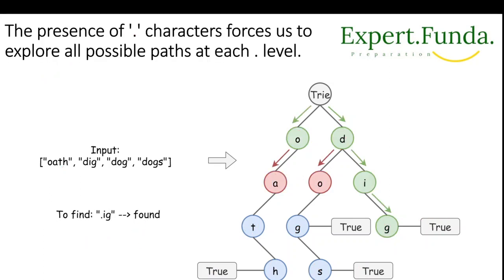Coming to the presence of dot, if anyone is going to find dot I G, so see, we have I G here. We are starting from D, it will not go to this D, O side, it will go to this side. So we will find D, I, and there is a G. It will go first here also, and it will go further.